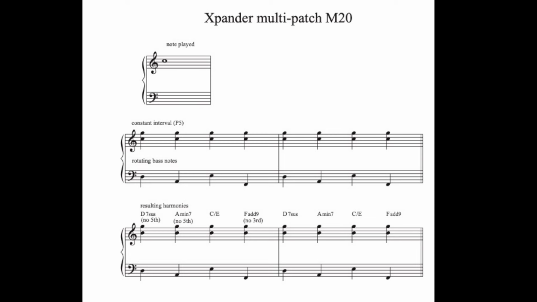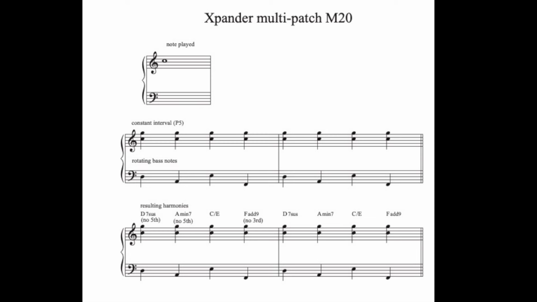So we can infer from these 3-note voicings that the resulting harmonies are as follows: D7 sus, there's no fifth; A minor 7, there's no fifth. In any case, a fifth, if it's not diminished or altered and it's absent from the voicing, doesn't have any significant bearing on the way the chord sounds.